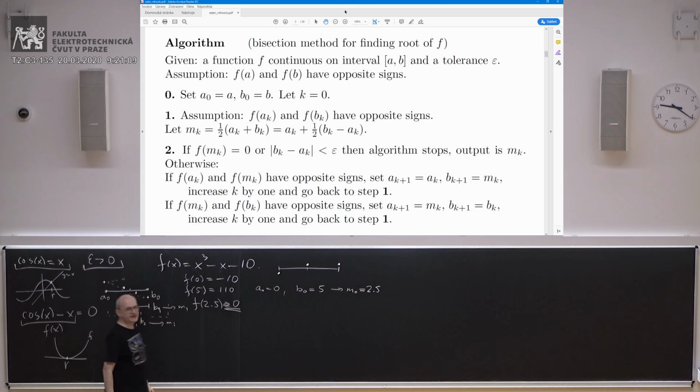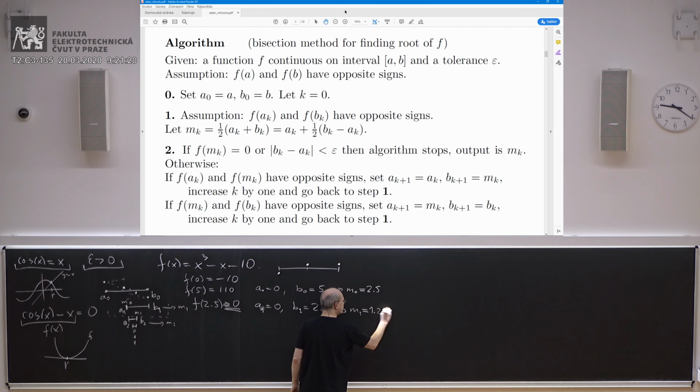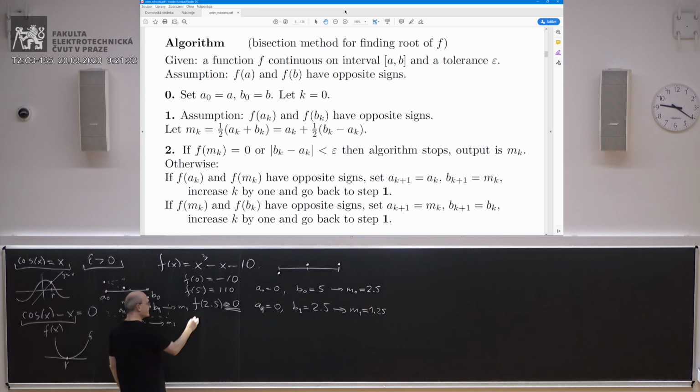So what does this tell me? Well, this tells me that I should focus on the left half. So a0 is still 0, a1, while b1 becomes 2.5. What's the official output at this stage? Again, I look in the middle and it's 1.25. If I'm not lucky, I keep going.